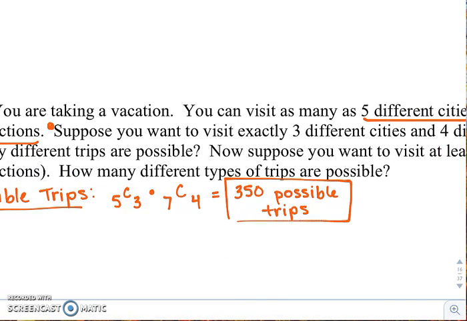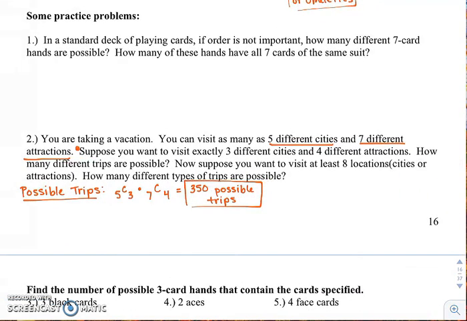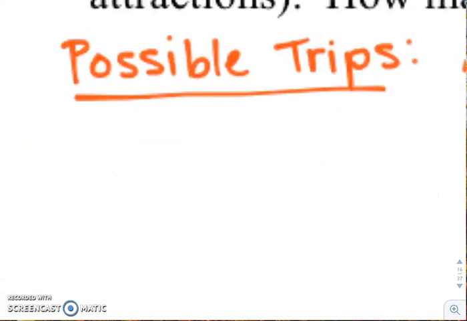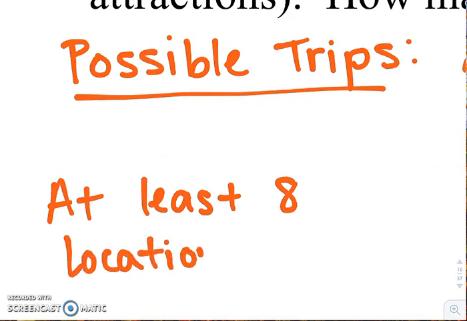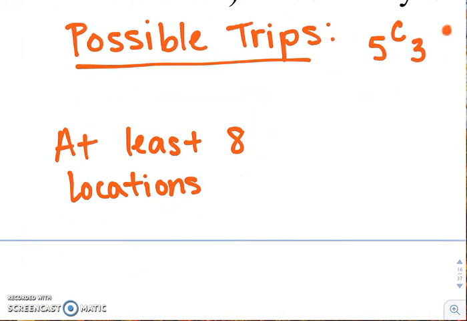But what about the one where we're visiting at least 8 locations? So that's our second option. At least 8 locations means 8 or more.